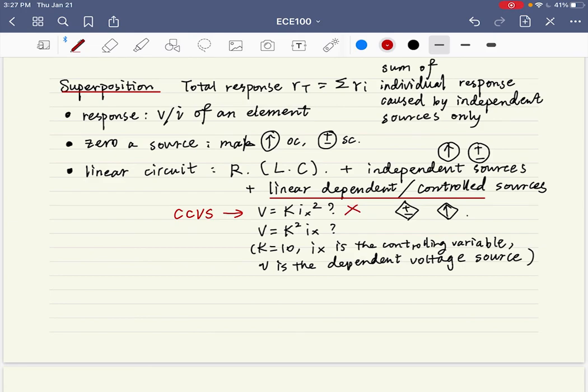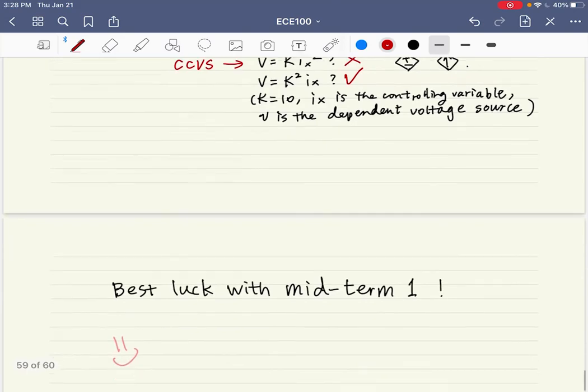And what about this? V equals K squared Ix. This is a linear controlled source because K is a constant and K squared is also a constant. So V is proportional to the controlling variable Ix. That is to say, this is a linear dependent source.